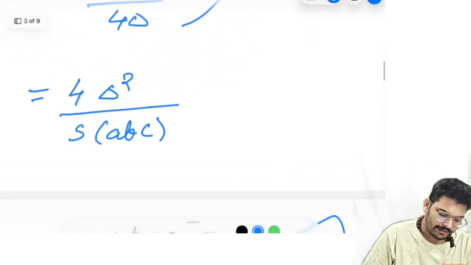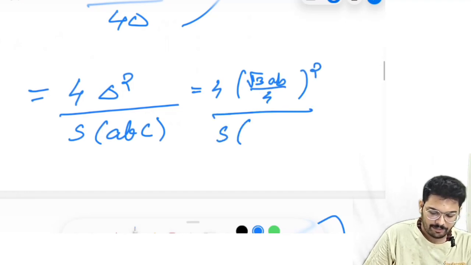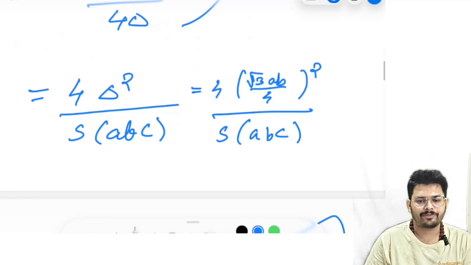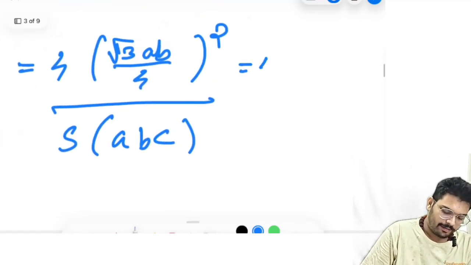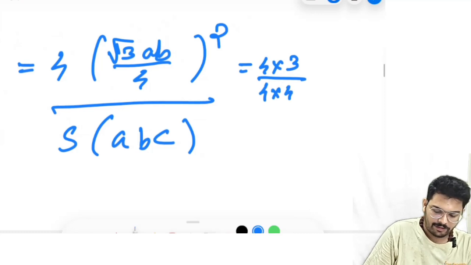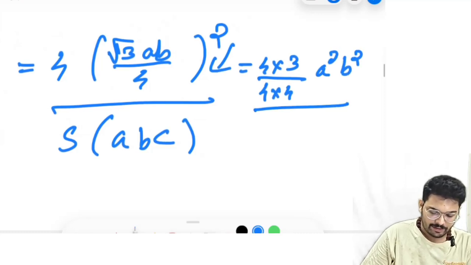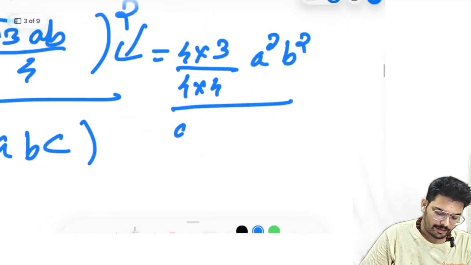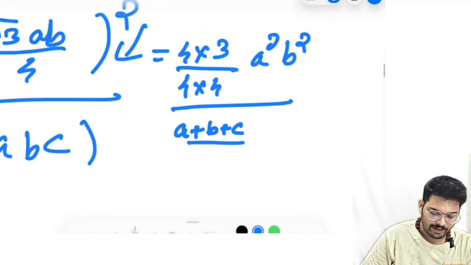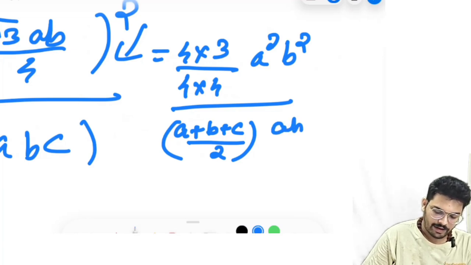So that value I will be substituting. Now I need the square of the area, that will be root 3 AB divided by 4, the whole square, divided by semi perimeter into ABC. Here this will become 4 into 3 divided by 4 square, that is 4 into 4, into a square b square. I am opening this value, divided by semi perimeter. What is semi perimeter? Semi perimeter is the sum of all sides divided by 2, that is a plus b plus c divided by 2, into ABC.